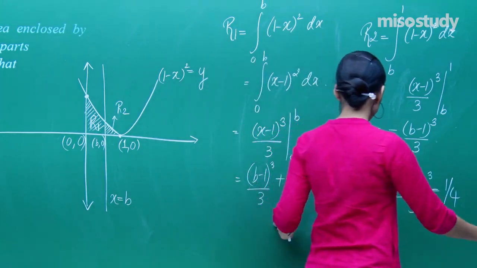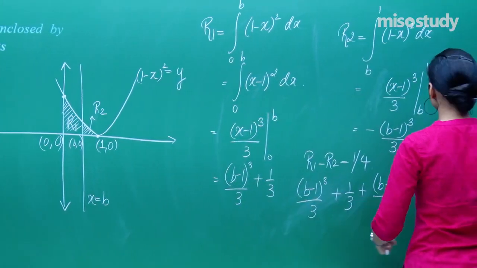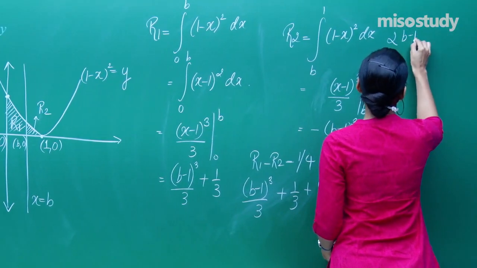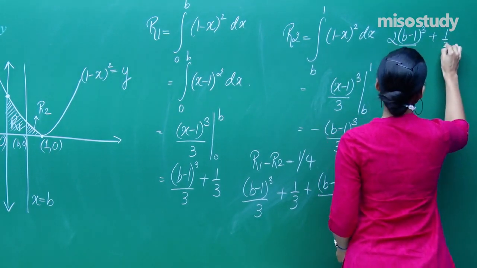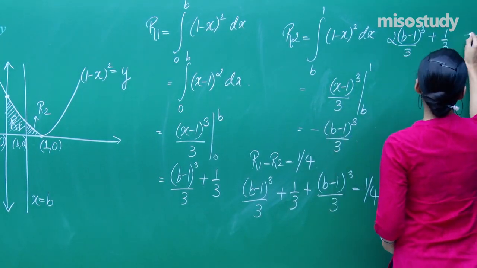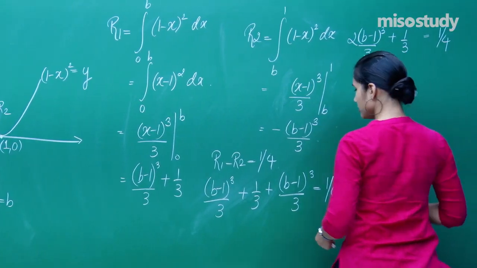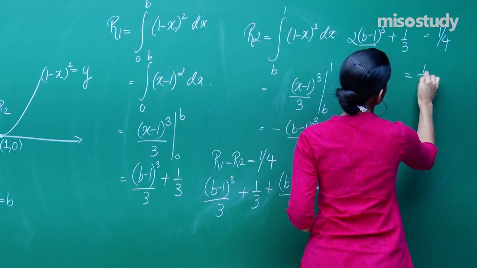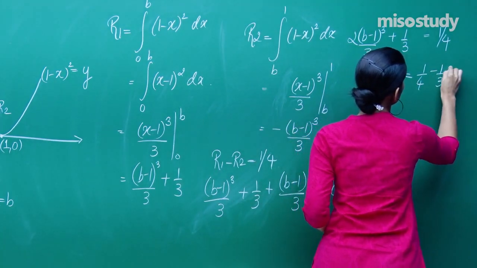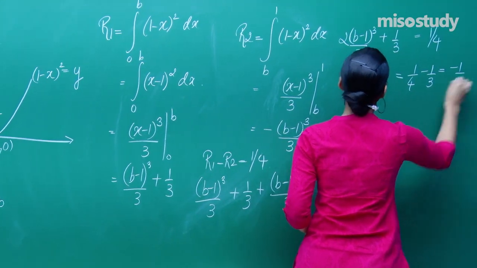When you evaluate this, you get twice of b minus 1 cube by 3 plus 1 by 3 is equal to 1 by 4. 1 by 4 minus 1 by 3 gives you minus 1 by 12.